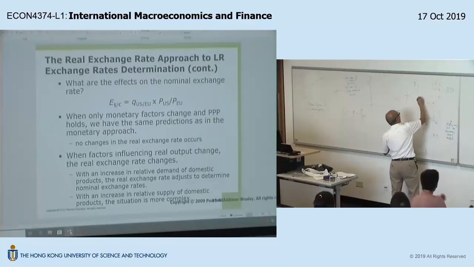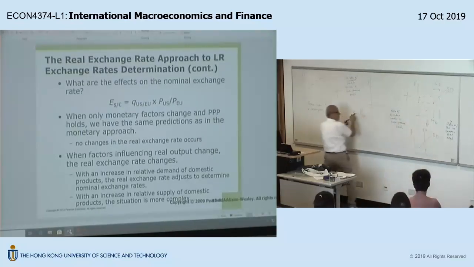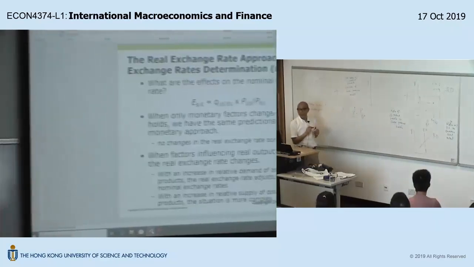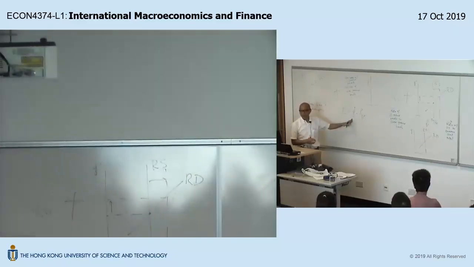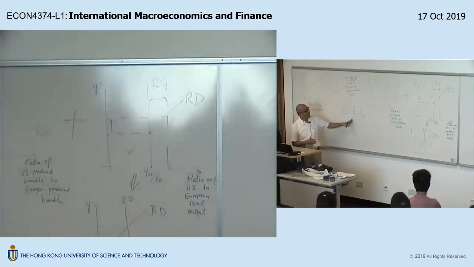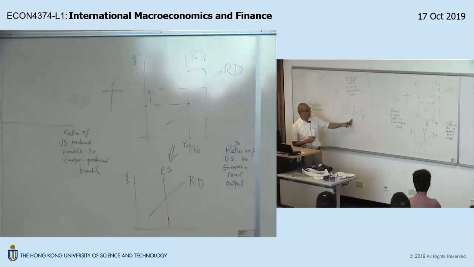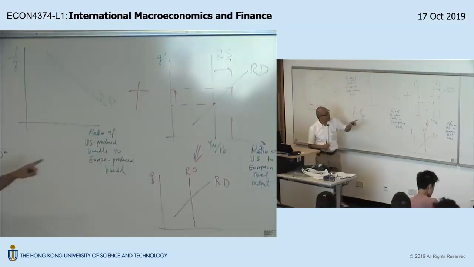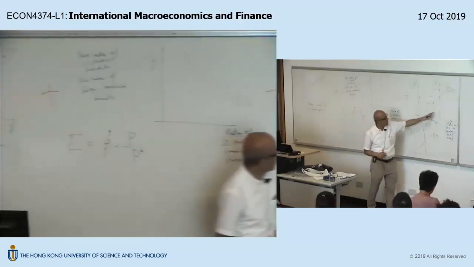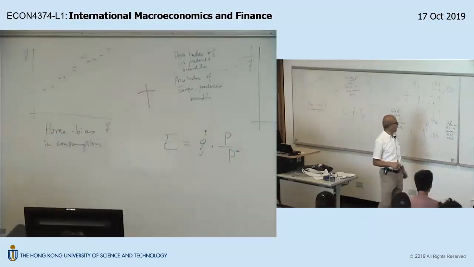According to our theory, Q will rise. But then something more complicated happens when there is an increase in the relative supply.